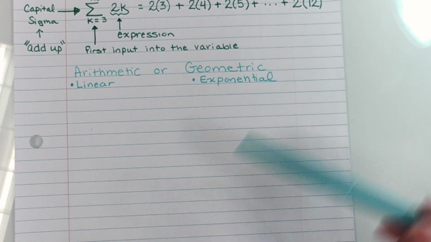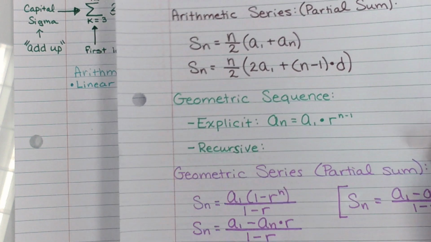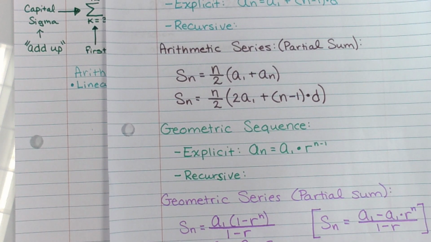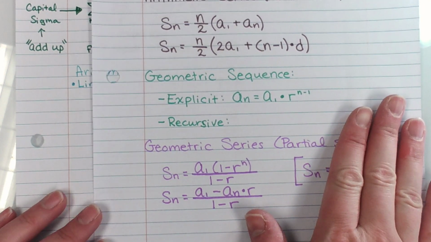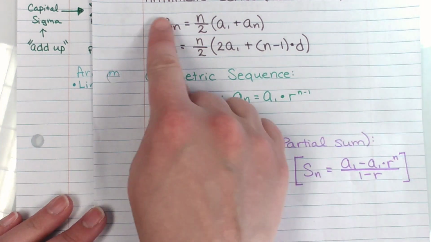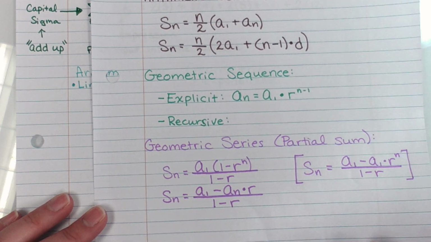So, when it comes to working with this sigma notation, we are going to be working with our series formulas. And we put together this sheet in our notes that kind of started to gather together our formulas last week. Throughout each of these formulas, there are specific things that we need.